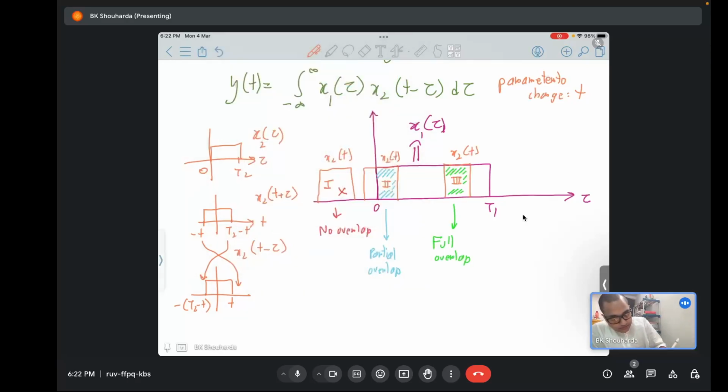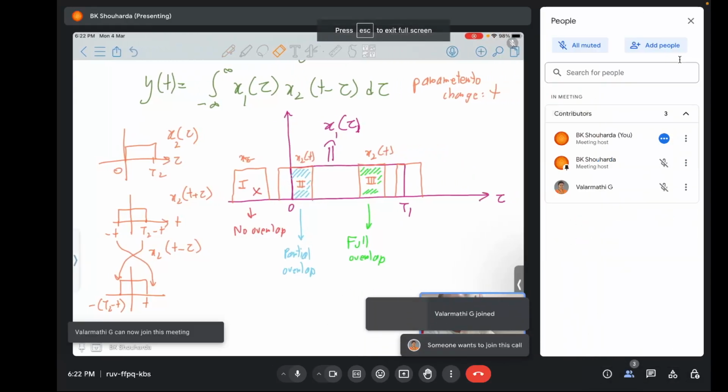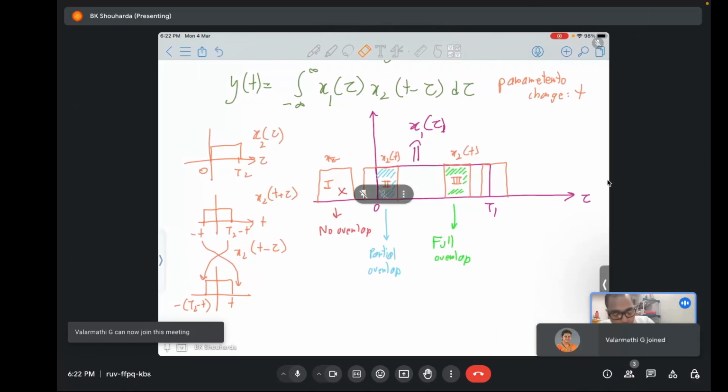Then once you move this out, okay, so at this rectangle to the extreme left, minus infinity, I slowly and gradually try to move this x2 of t into the x1 of tau. Okay, so this should be x2 of t minus tau actually.